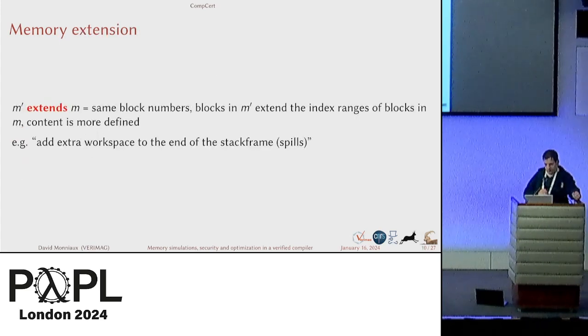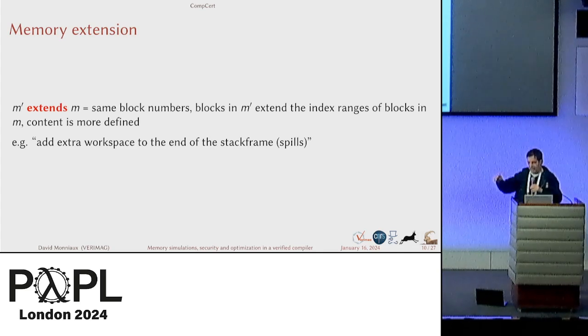And if you're trying to do proofs on these optimization or transformation passes, you have two very important notions with respect to memory. You have the notion of memory extension. So memory extension means that a state of memory extends another one if you keep the same block numbers, but the blocks in the transformed memory are longer.